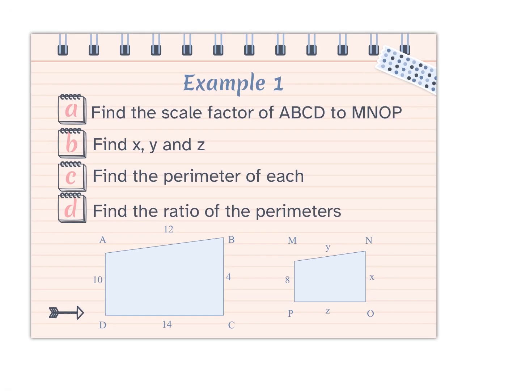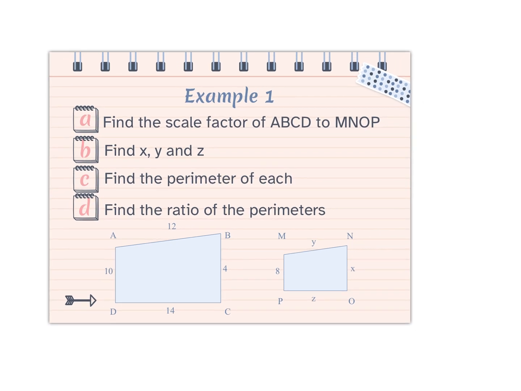When we're trying to find the scale factor of a problem, we need to know if the order matters. Does it matter which one I put up top? Does it matter which one I put at the bottom? In this problem, notice that it says find the scale factor of ABCD to MNOP, so from this large one on the left to the one on the right.